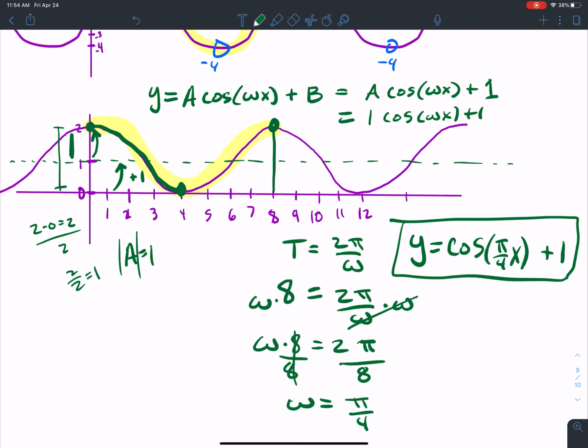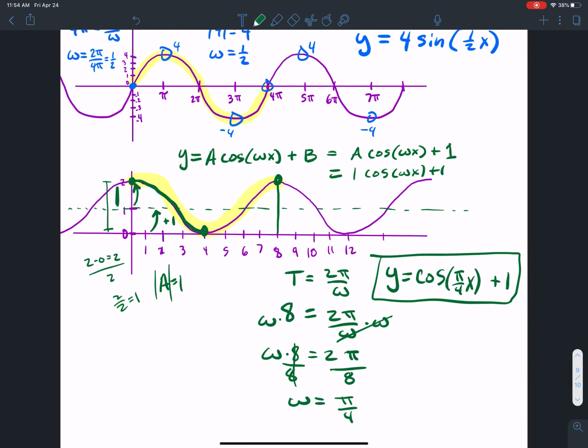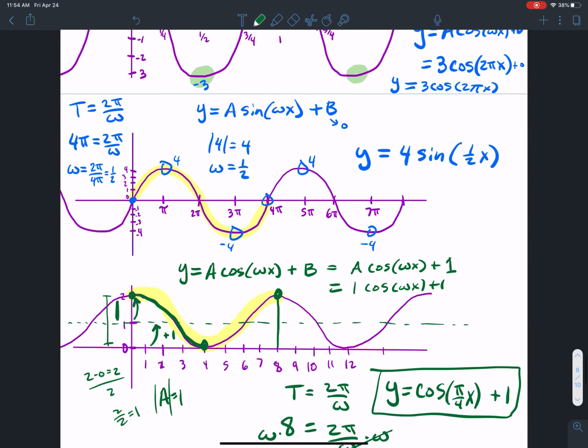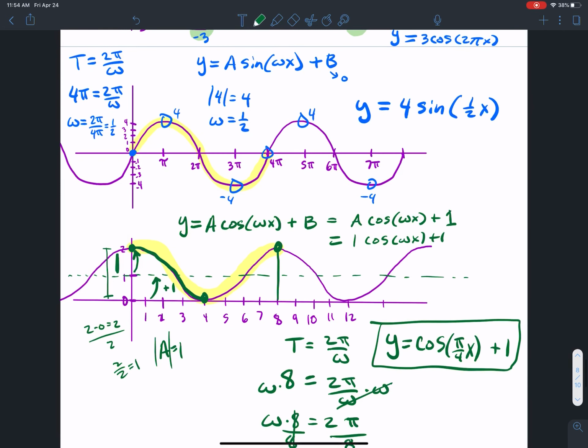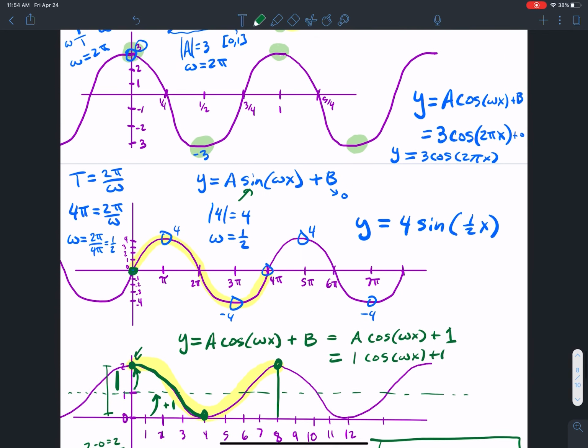Okay? So that pretty much covers all the different graphs that you might run into when finding the equation. Really, all it amounts to is seeing where it starts. Does it start at 0? If it starts at 0, then I'm dealing with a sine. Does it start at some number?